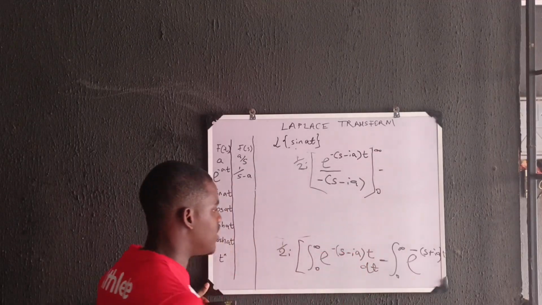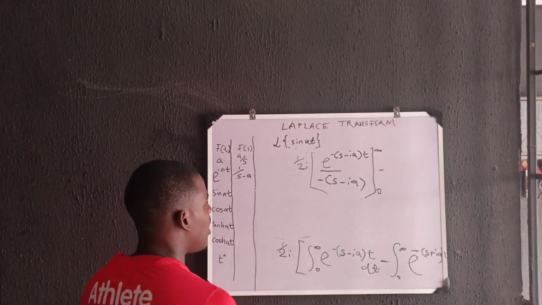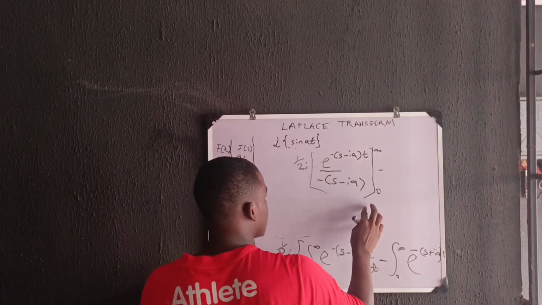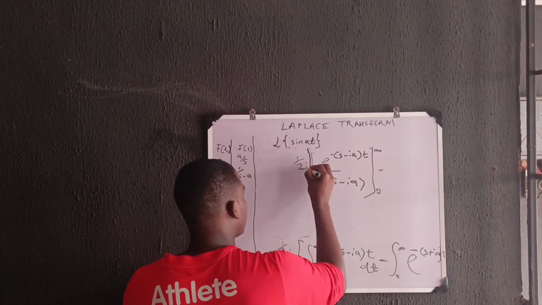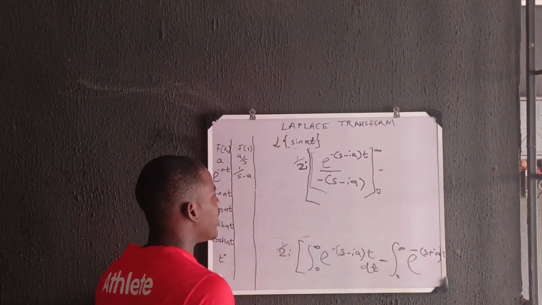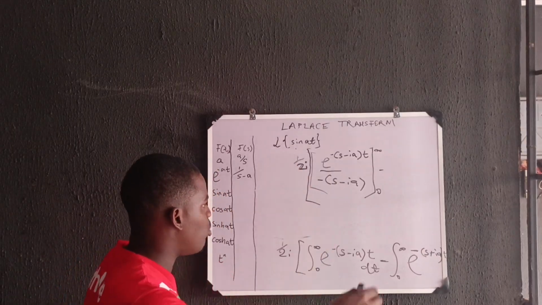Minus, this one is now going to be what? Mind you, everything is in a huge bracket, showing that this 1 over 2i applies to both of them.